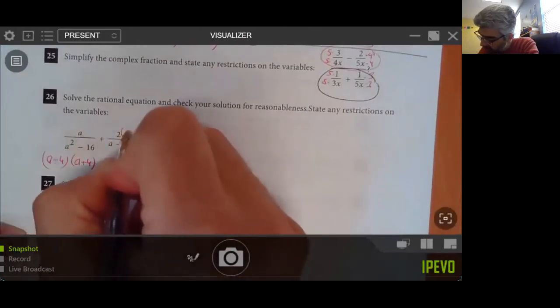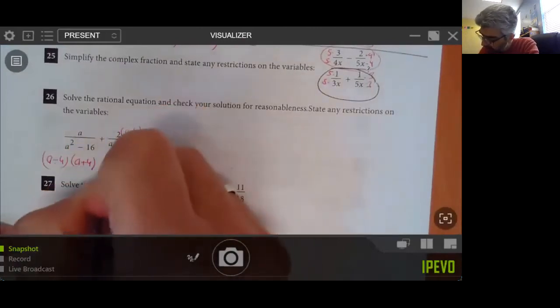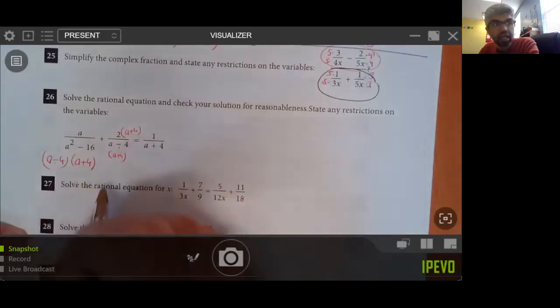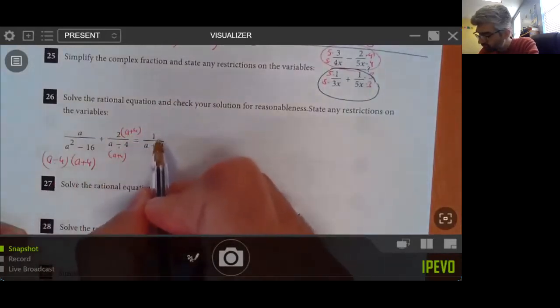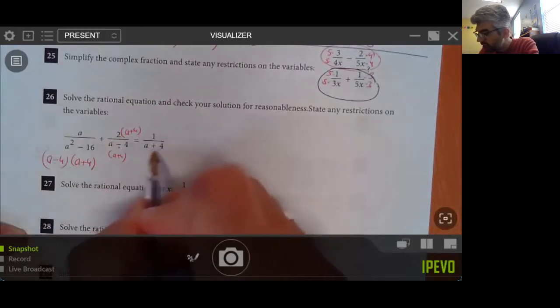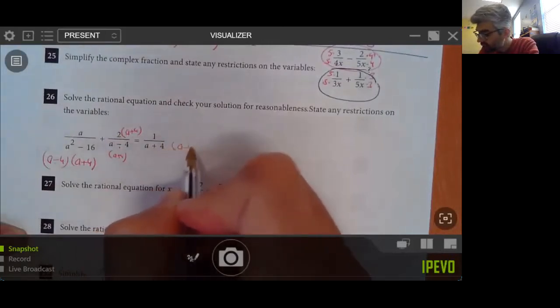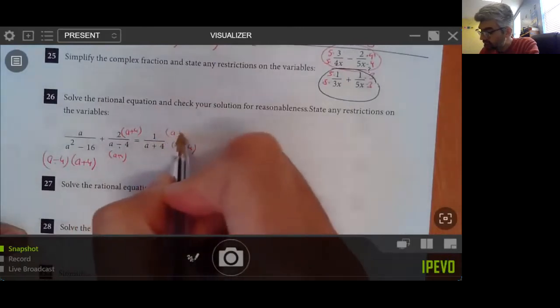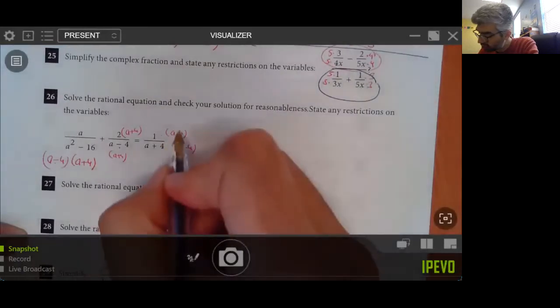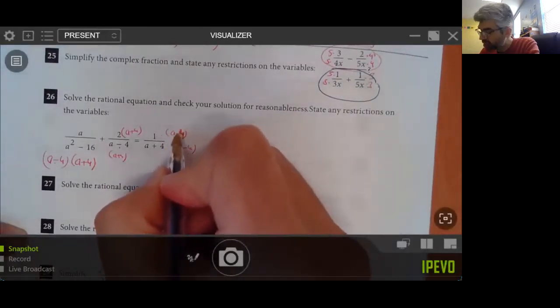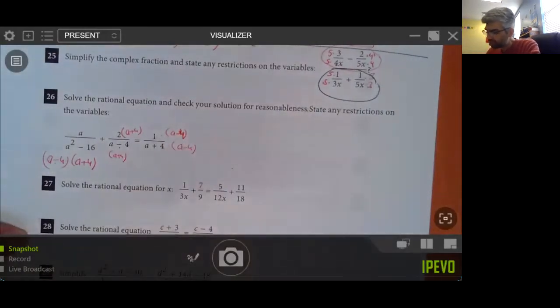So I multiply this by a plus 4. And the fraction on the right hand side, we need a minus 4. So I multiply it, numerator and denominator, by a minus 4. Okay, this is the first way. And I show the other way in another question.